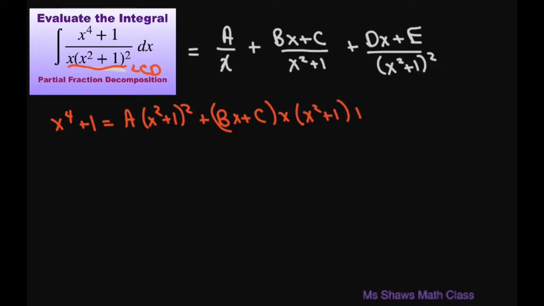And then for the Dx + E, we're missing just the x, so that's going to be x. All right, so if you let x equal 0, these two will cancel out.